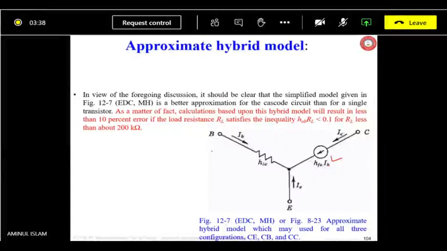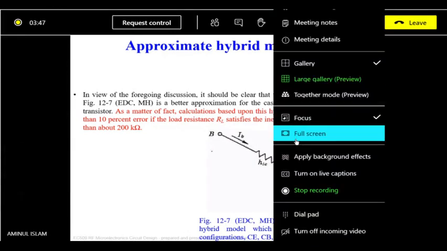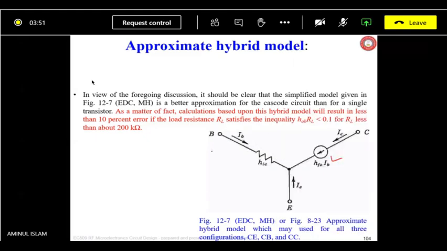Shown here as HFE into IB, and IE, as you can see, IE is the summation of these two currents: IB, which is flowing through HIE, and IC, which is nothing but HFE IB. Okay.